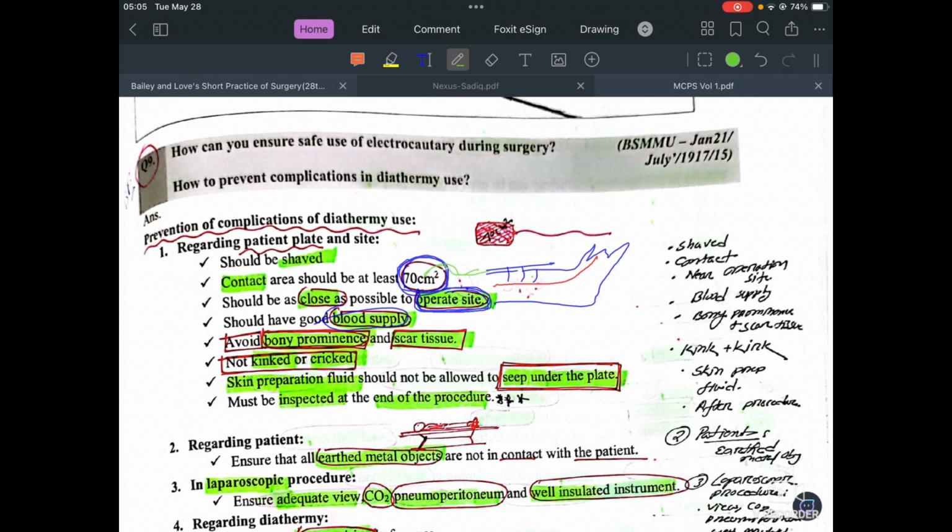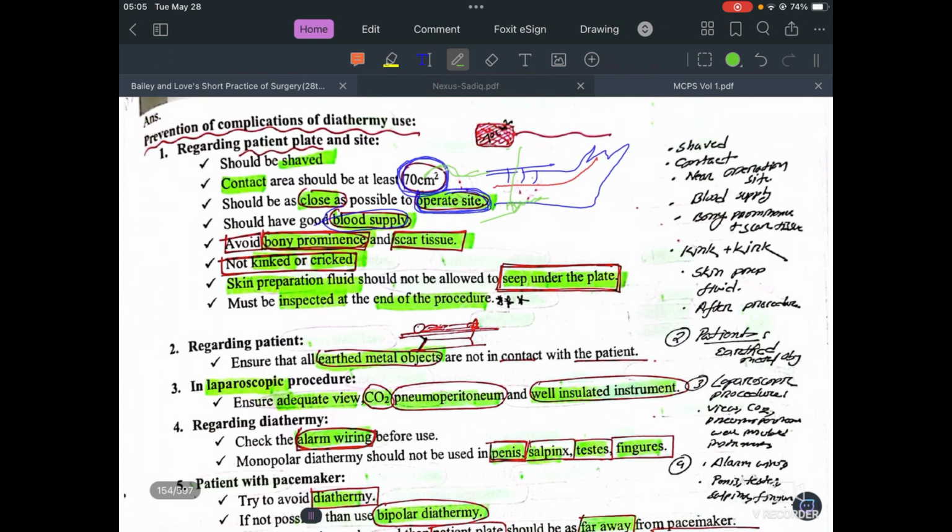Then not kinks or creases. It should not be creased or kinked, and skin preparation fluid should not be allowed to sit under the plate. If skin preparation fluid sits under the plate, it could burn, and the site must be inspected at the end of the procedure.